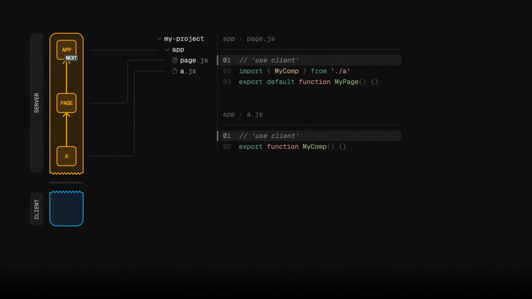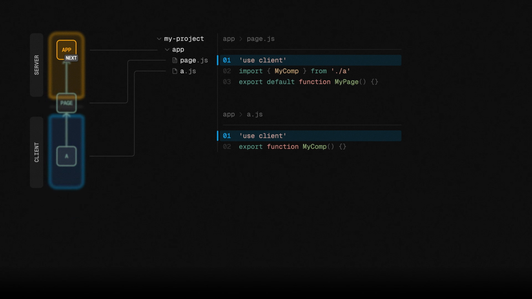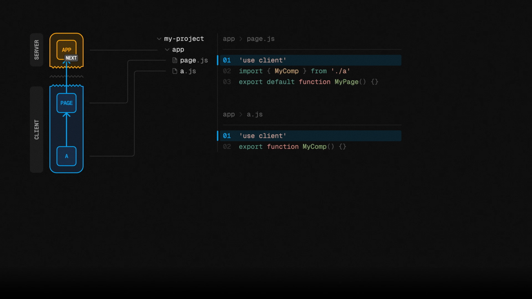This leads us nicely to some practical examples of how to use useClient. First, it's a common misunderstanding to believe useClient must be added to every file that should run on the client. There is nothing wrong with this, but in practice, we only need to mark each entry point once. For example, adding useClient to page.js marks the module as a client entry point.